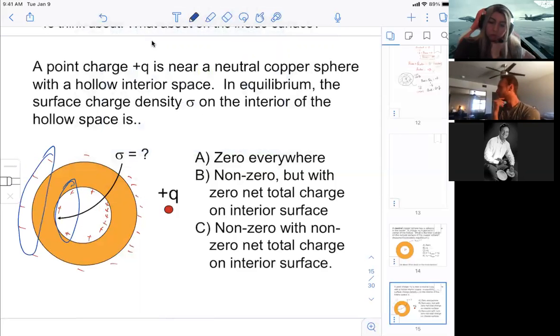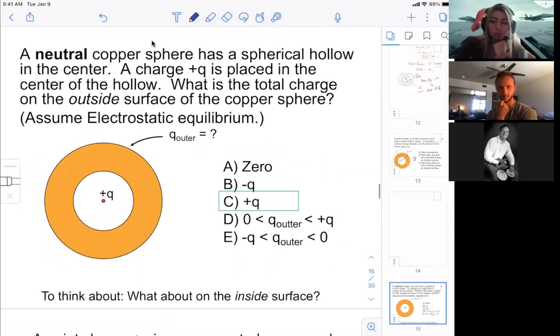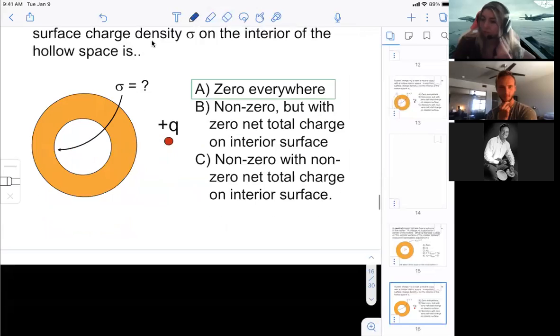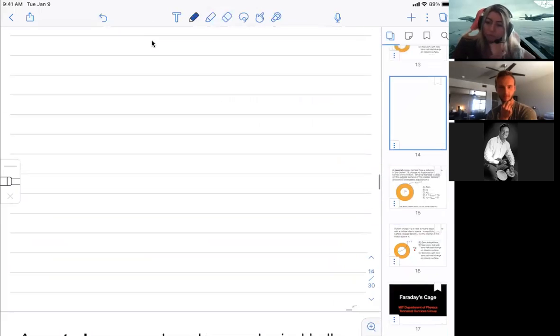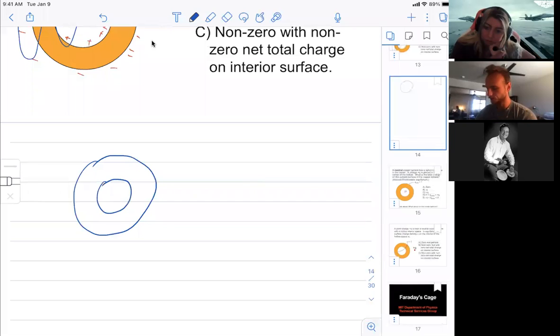Okay, let me present one situation that someone suggests they think might be the case. So let's say I draw something like this. I'm going to pretend that positive Q will polarize the inner surface.